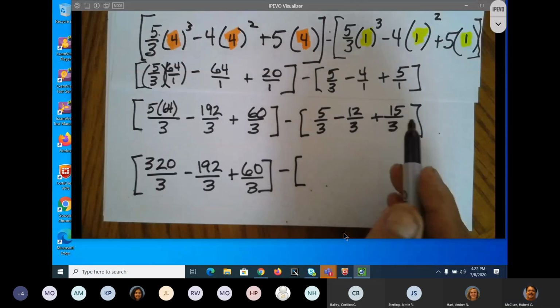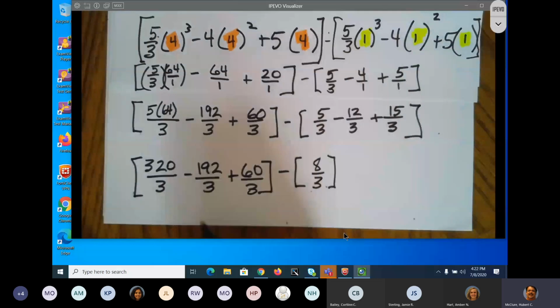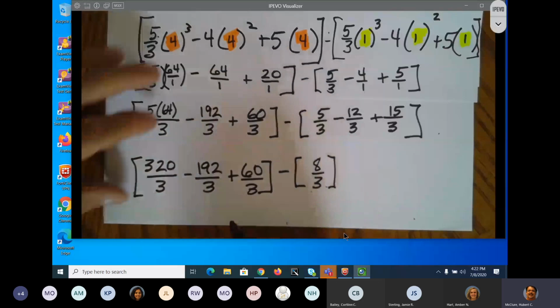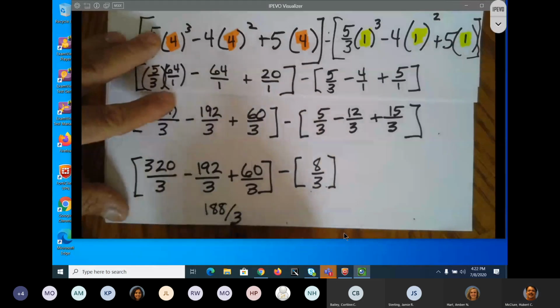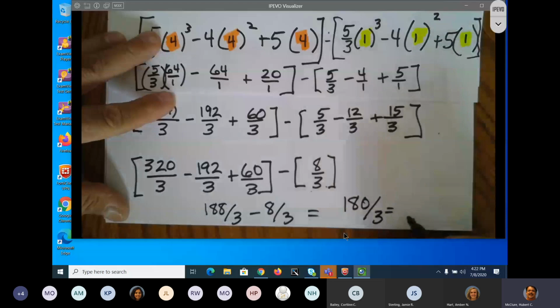320 minus 192. Well, 320 minus 200 would be 120, so that'd be 128. Somebody check my math. That's correct. 128 plus 60 is 188. Minus 8 is equal to 180 over 3, which is equal to 60 square units.